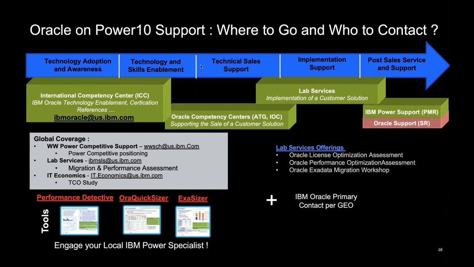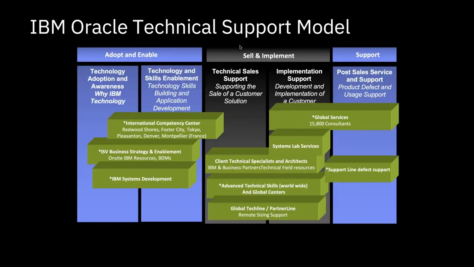Those tools can actually take your AWR reports and evaluate what the performance needs are and how they'll behave on the new machines. So that is part of the prep process, and IBM is there to support those activities. And then these are the steps that go on when you go through the process.